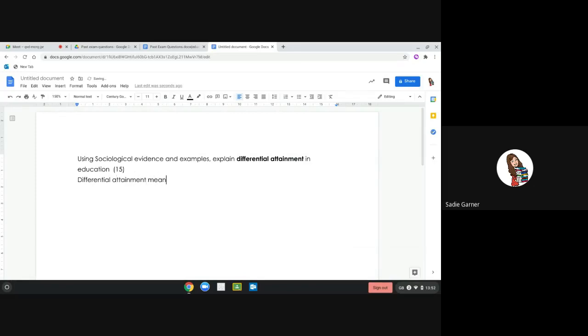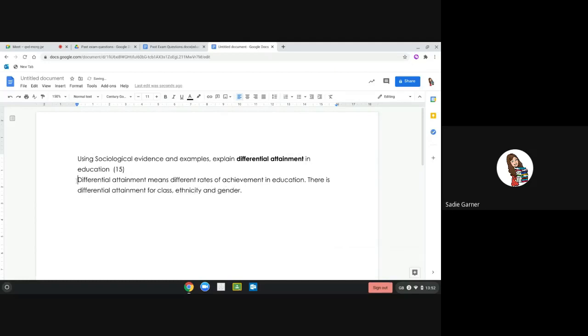Differential attainment means different rates of achievement in education. There is differential attainment for class, ethnicity, and for gender. That's how I would start that.